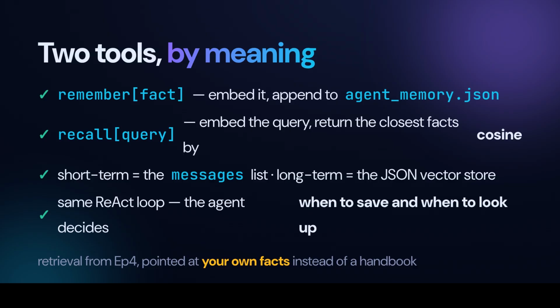That's the exact same retrieval from episode 4's search docs, except now it's pointed at your own facts instead of a handbook. Short-term memory is the messages list. Long-term memory is that vector store on disk. And the agent itself decides when to save and when to look something up. Same loop, 2 new tools. 1 new skill, not forgetting.